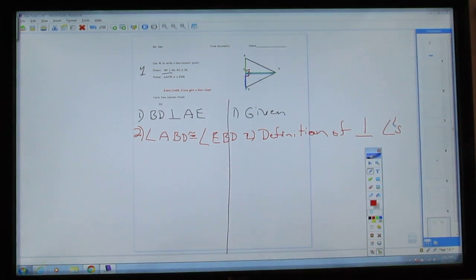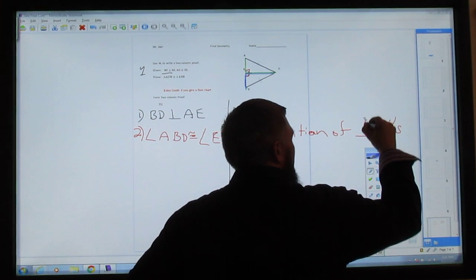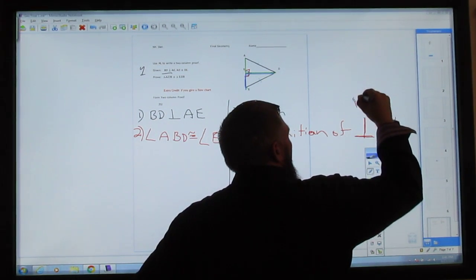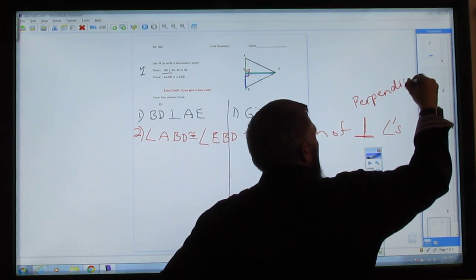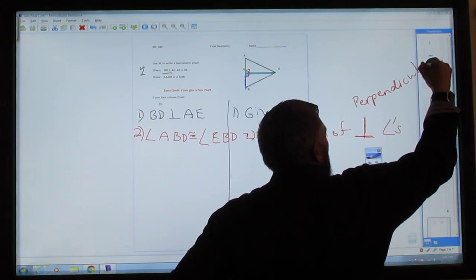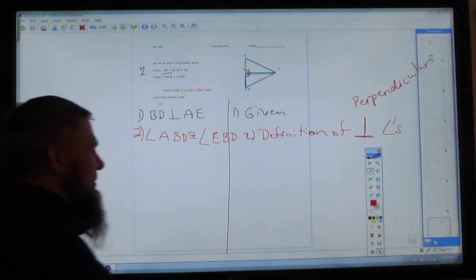And you can go def of perpendicular angles, right? Perpendicular is this symbol right here. All right. Next color.